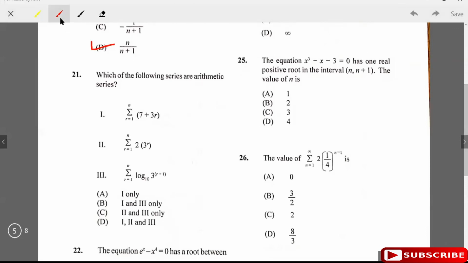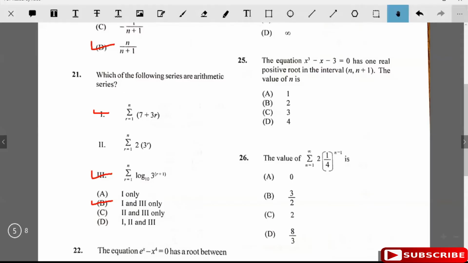All right, question 21. This is a repeat question as well. E. 1 and 3, that is B. All right. Question 22. What's 22?